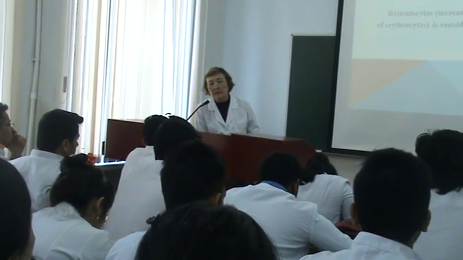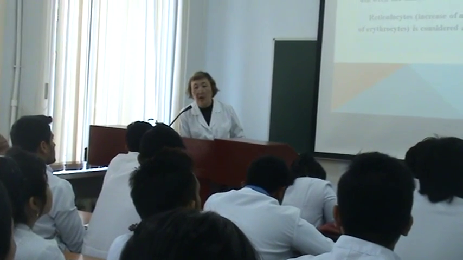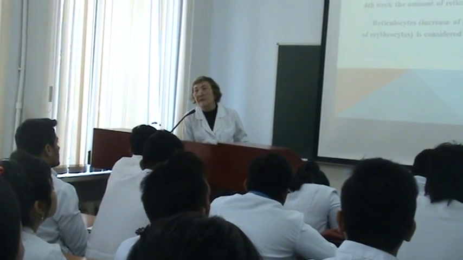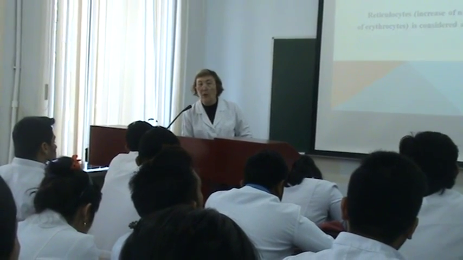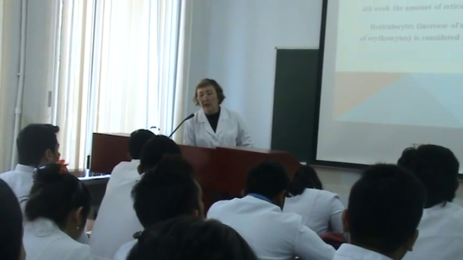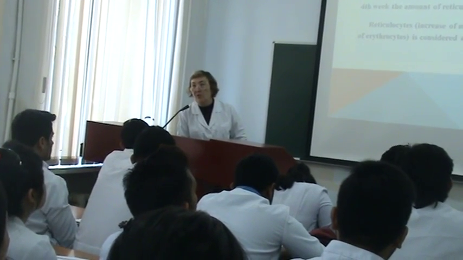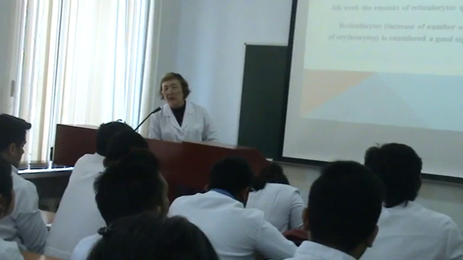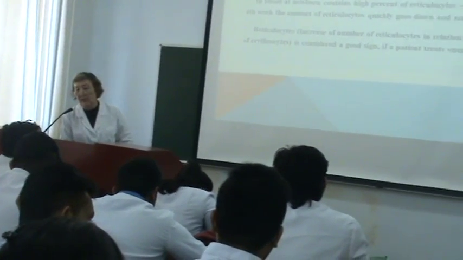Reticulocytosis. What is it? Reticulocytes are immature young erythrocytes. It is an index of normal work of marrow production of the new cells of erythrocytes. In blood of a newborn there is a high percent of reticulocytes, up to 50%.